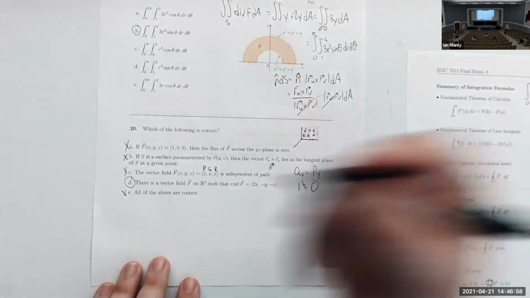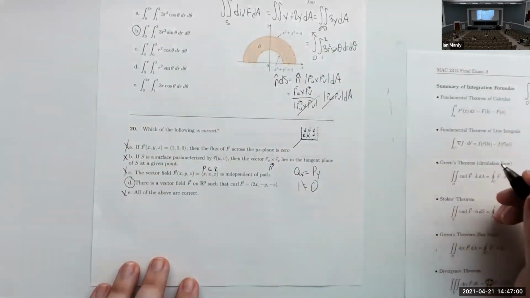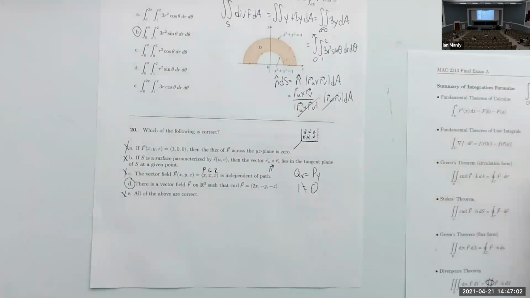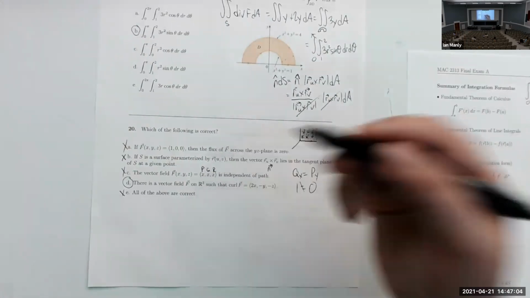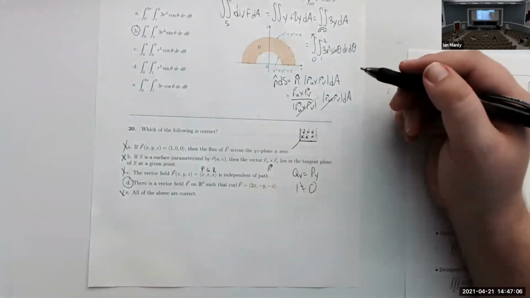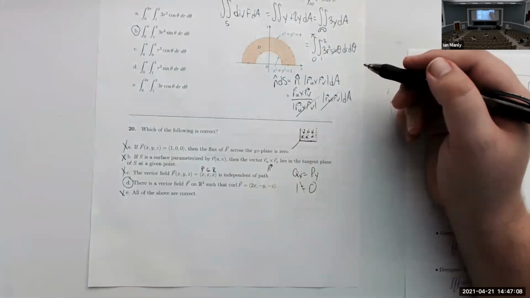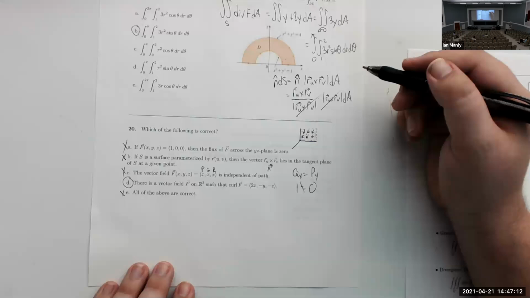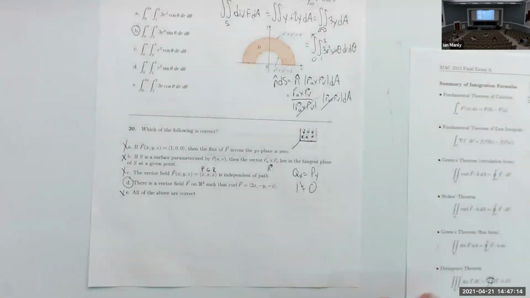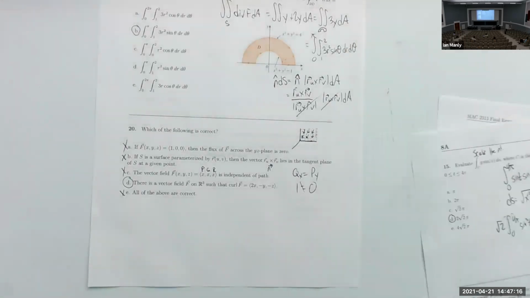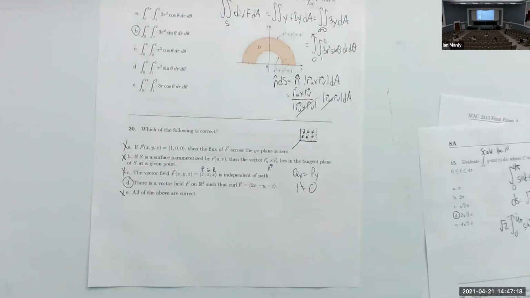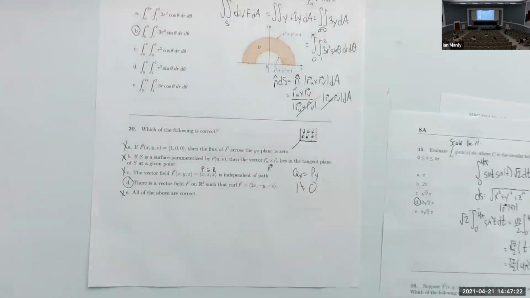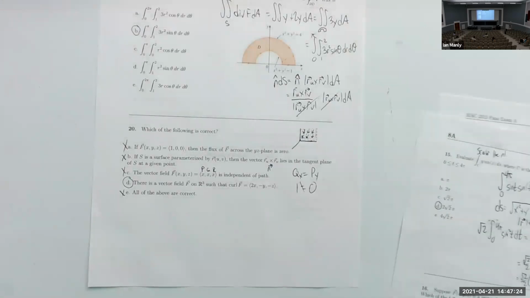All right, so by process of elimination, we see that the last one is correct, but let's just see why it is in case we got stuck with some of these other ones. There is a vector field F on R3 such that the curl of F is 2x minus y minus z. Now, we had a problem similar to this earlier in the exam. Yeah, it was this one.